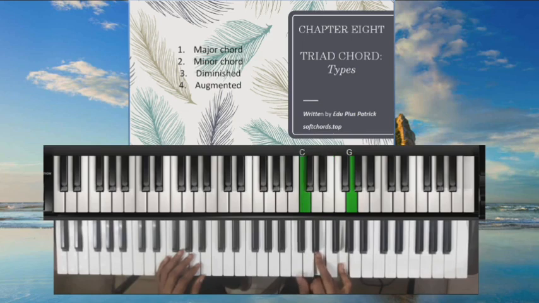You pick a note, skip one, pick a note, skip one, pick another note. It must be three. You can see there is a gap between the notes I pick.